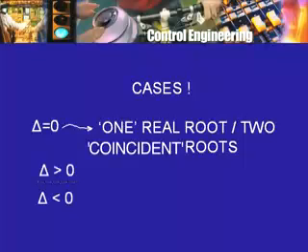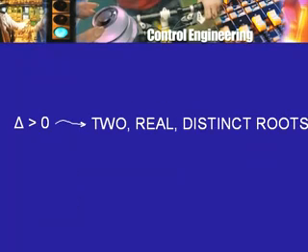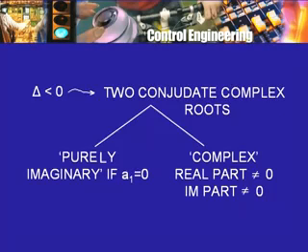Then there are the two cases, the discriminant is positive and the discriminant is negative. If the discriminant is positive, then there are distinct roots, that is, there are two roots to speak about, and they are both real. So we have two real distinct roots. Whereas if the discriminant is negative, then there are two distinct roots, but they are complex.